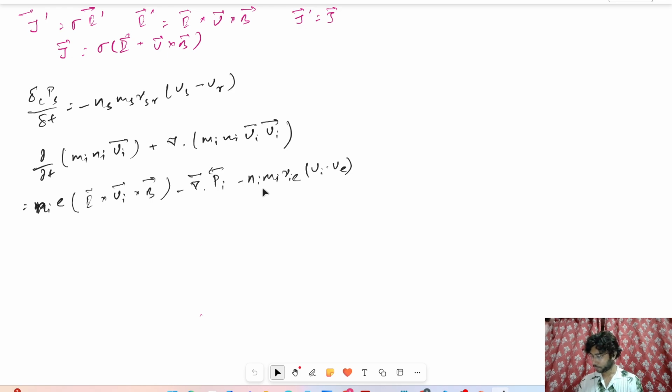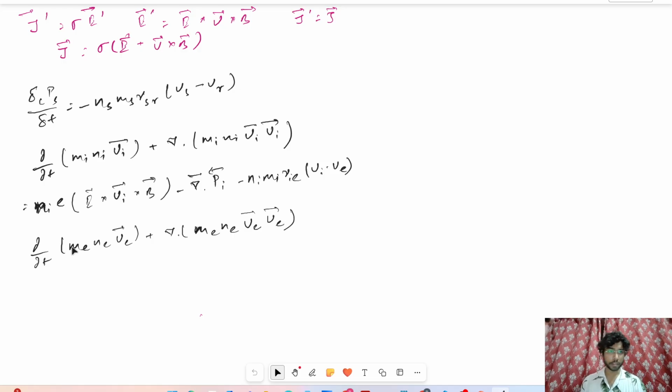Similarly, we can write this equation for electrons. So this is the del u del t term, and this is the u dot del term.